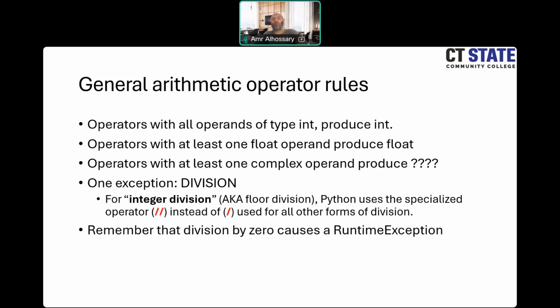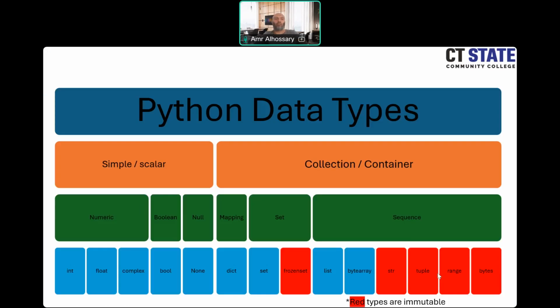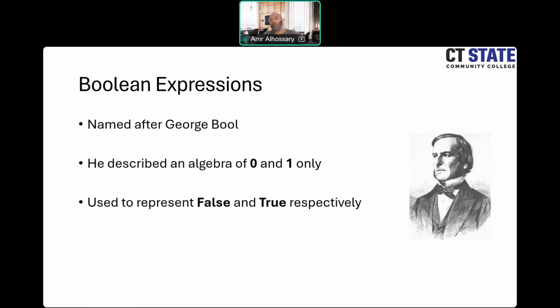Now we talked about 3 types of simple types: numeric, Boolean, and null. We talked about numeric. Let's talk about Boolean and null. Boolean value is named after the French mathematician Georges Boole, who described an algebra based on 0 and 1 only. So 0 plus 0 equals 0, 1 plus 1 equals 1, 0 plus 1 equals 1, 0 times 0 equals 0, things like this.